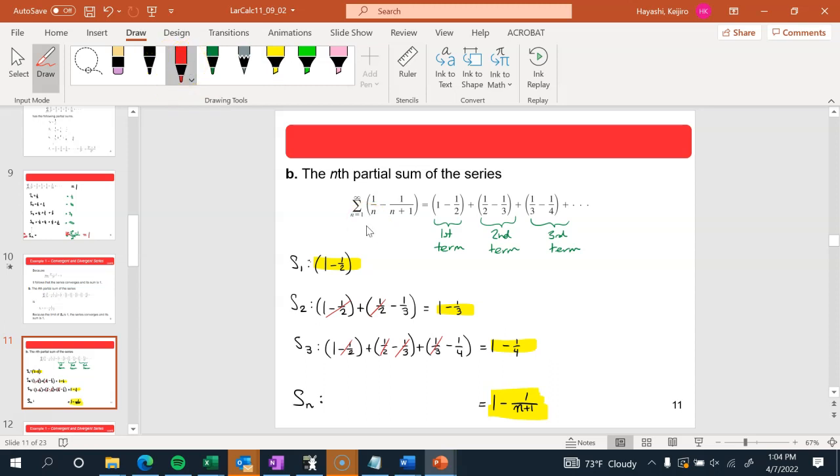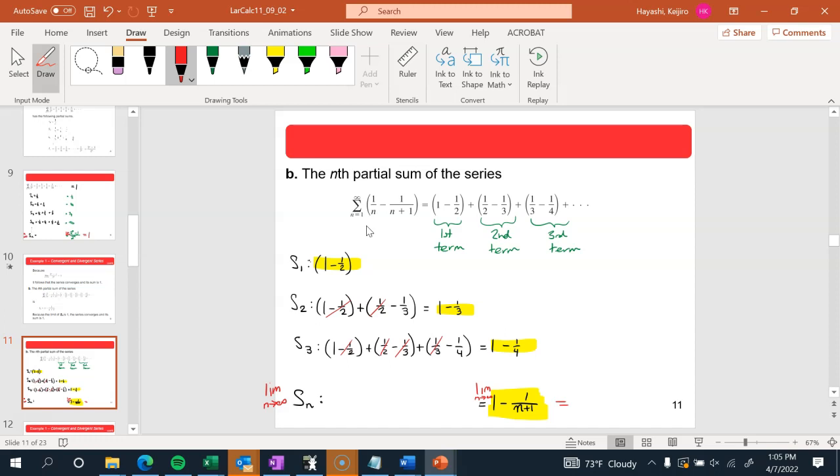Now, considering that nth partial sum, if you add 100 terms together, what you'll end up with is 1 minus 1 over 101. The limit of that, as n goes to infinity, that is, as you add up more and more terms, as n goes to infinity, this denominator here is going to grow, which means that this thing that's being subtracted away is going to shrink.